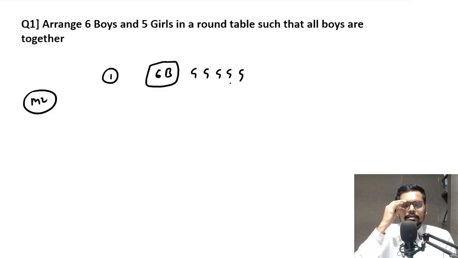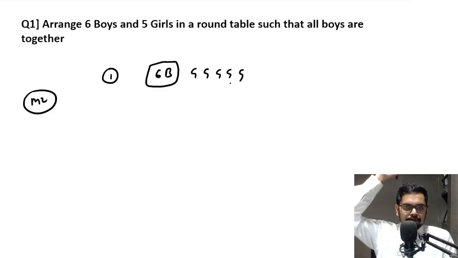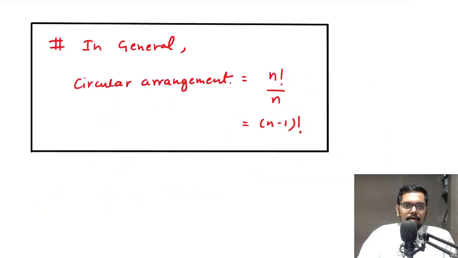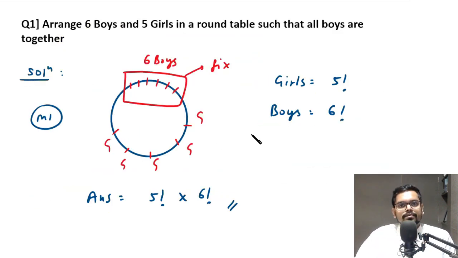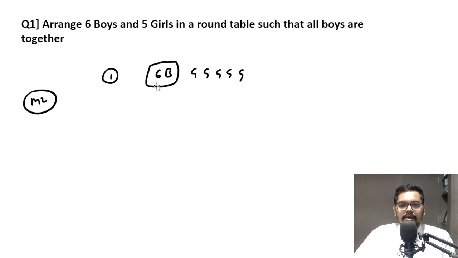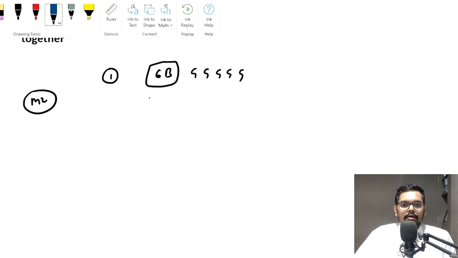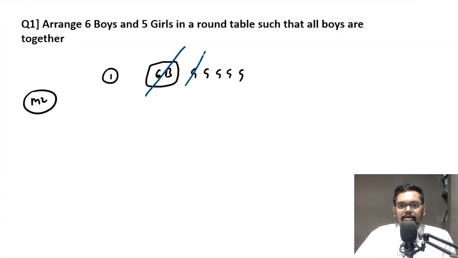Okay, so 5 girls. The first step of this method is to use one time circular arrangement concept, which is n factorial by n, one time. Then solve like linear arrangement. That's all. So these players are going to sit on the circular table: 1 2 3 4 5 6. 6 players are there, right?